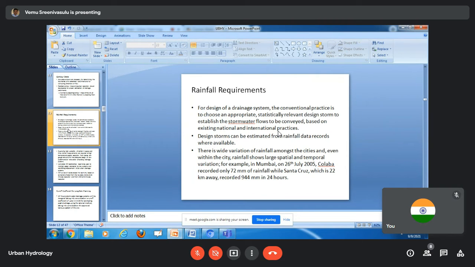Because spatial variation is very high, the network of rain gauges should be very dense. The density of rain gauges in a city should be very high, to minimize the spatial difference.